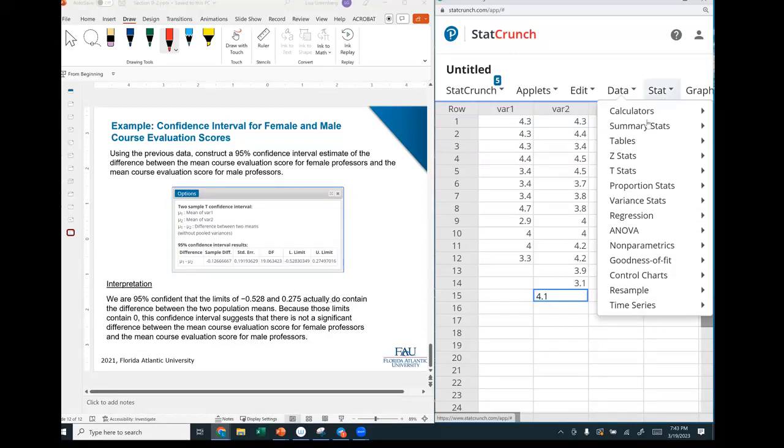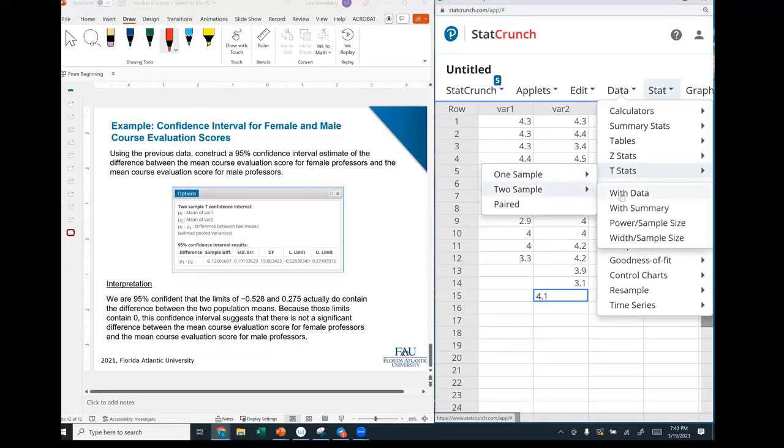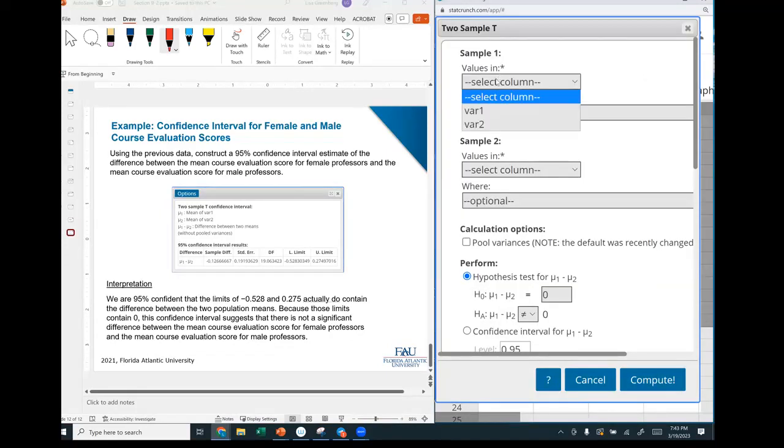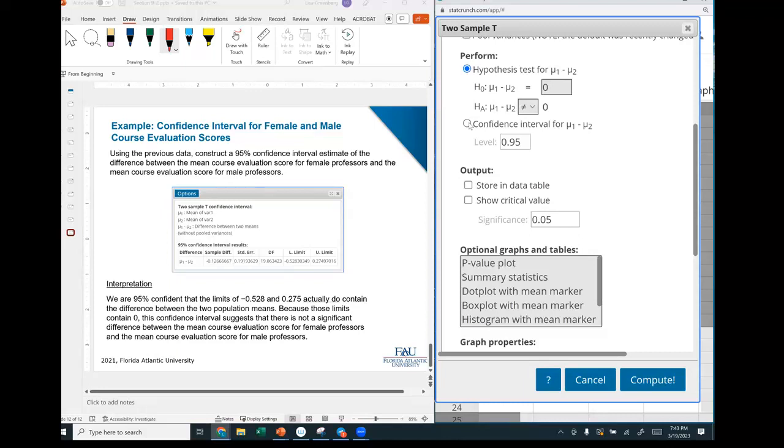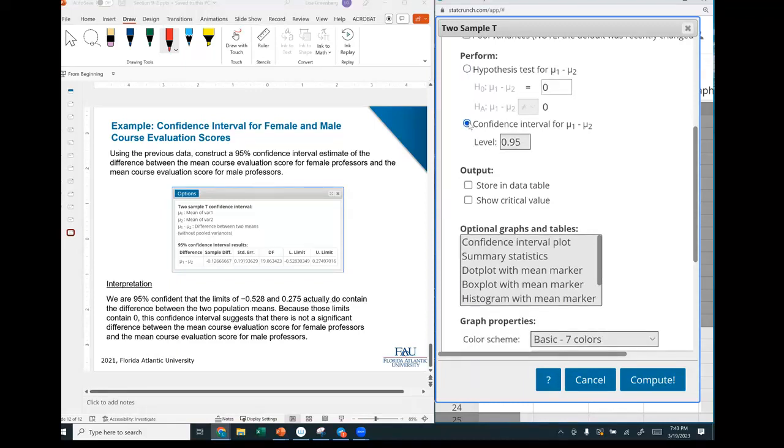So I go again, Stat, T Stat, two sample with data, same as before, Var1, Var2, and now I'm doing a confidence interval. Now this is a two-tail test.